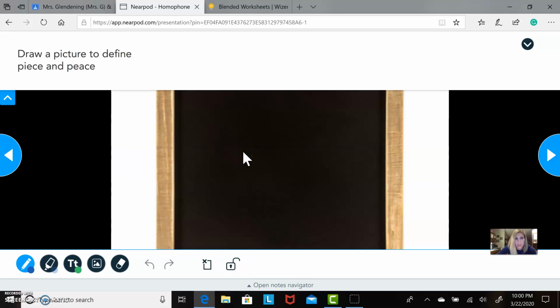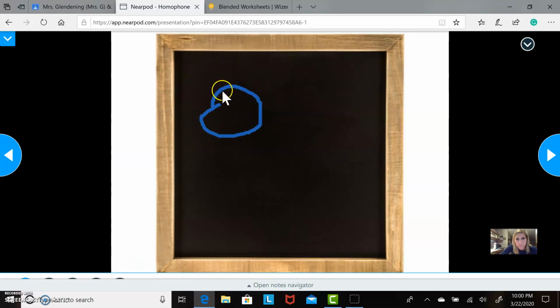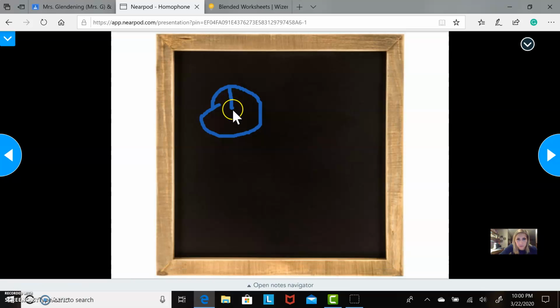Now, let's see if I can draw the peace and the piece. So what you guys did whenever y'all did this in class was you drew two different pieces. And so let's try this. Okay, there's a peace sign.